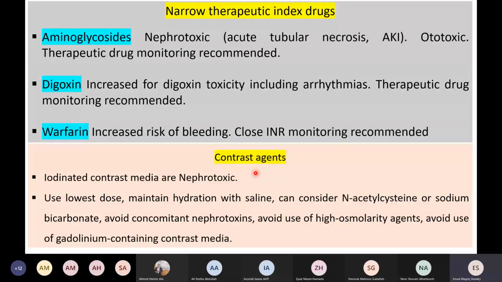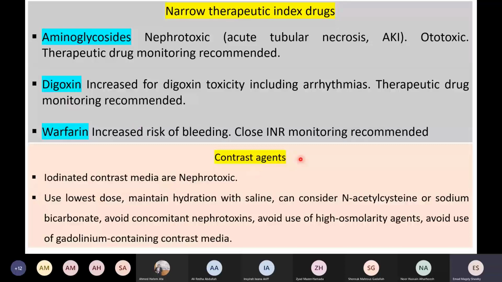The contrast is nephrotoxic, and can crystallize, and can cause tubular defect, interstitial defect, inflammation. So before any contrast injection, the physician will ask for determination of the kidney function, because it is not possible without good kidney function. So digoxin, warfarin, and contrast agents are very important drugs.